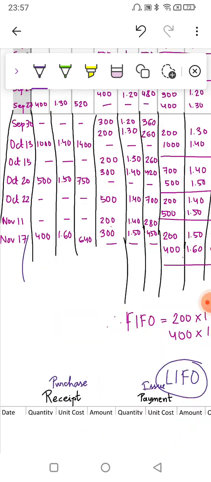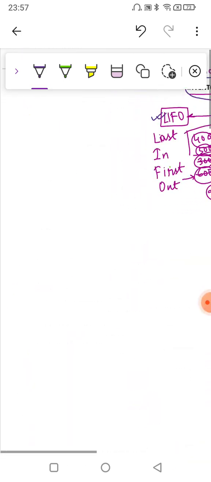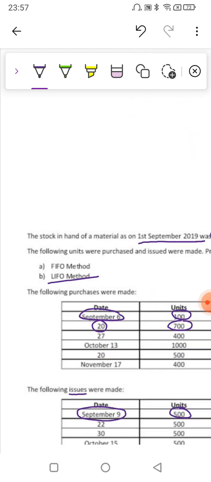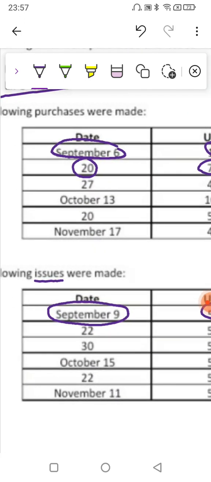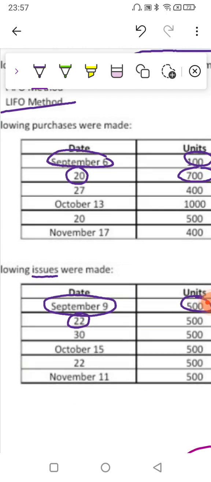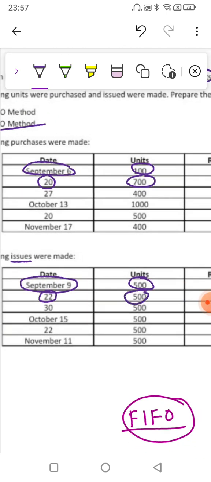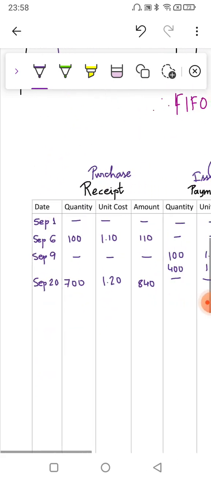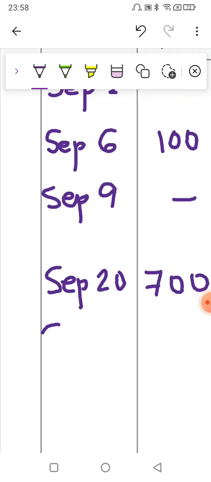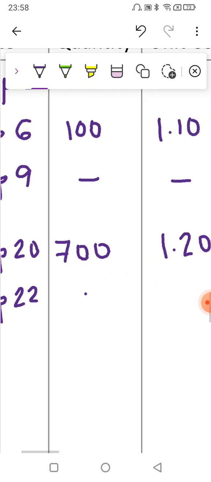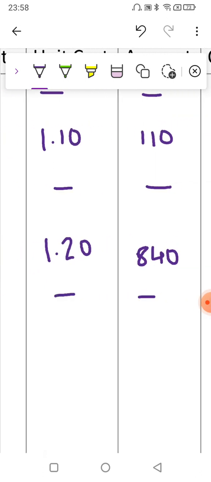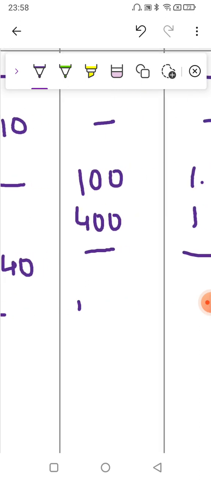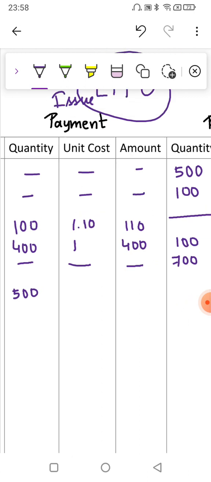After September 20, we'll move to the question again. After September 20, we have September 22, where an issue of 500 was made, so there were no purchases. Now we see it is last in, first out.